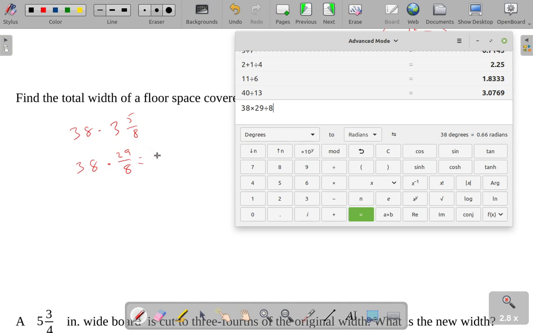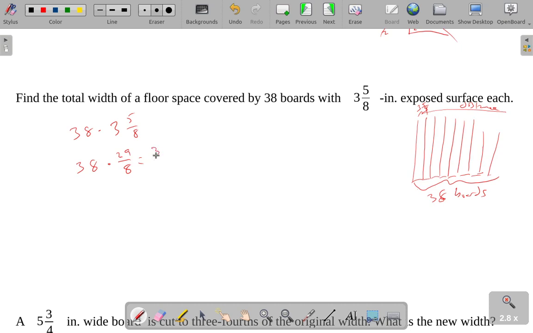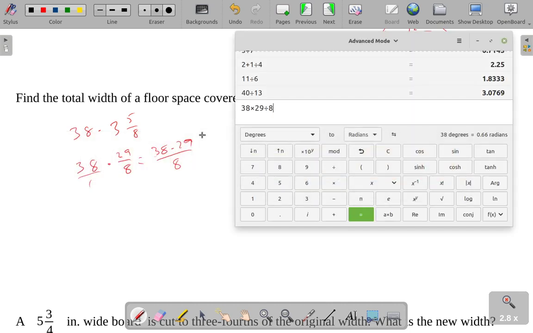As I did on the previous several problems, this is 38 over 1, so this is 38 times 29 over 8. This is essentially how the calculator is going to do it, and that's just fine with me. If I was uncomfortable with it, I could put this in parentheses to do the 29 eighths first and then multiply by 38. That's not necessary, though, because 38 times 29 divided by 8 gives us the same thing there.